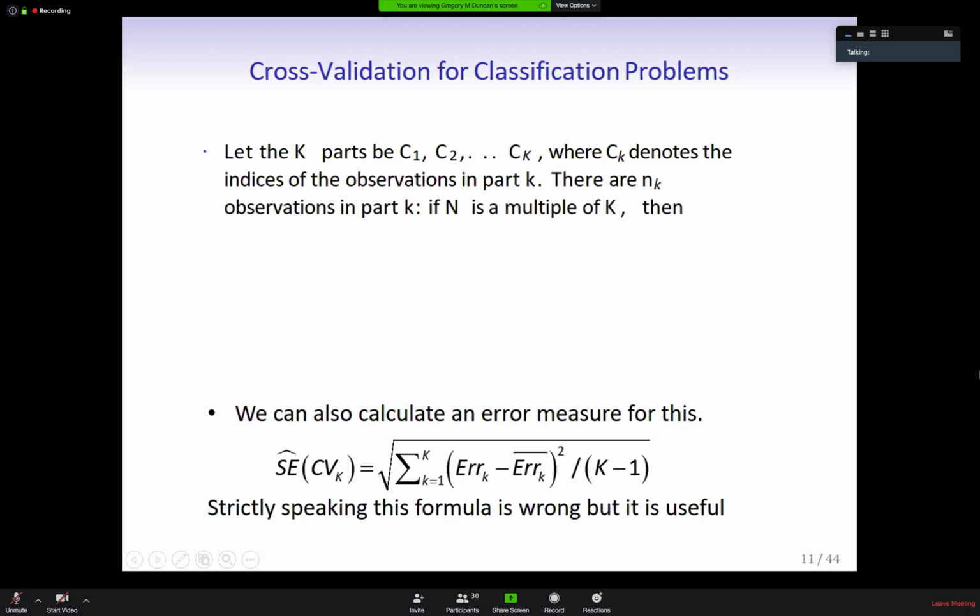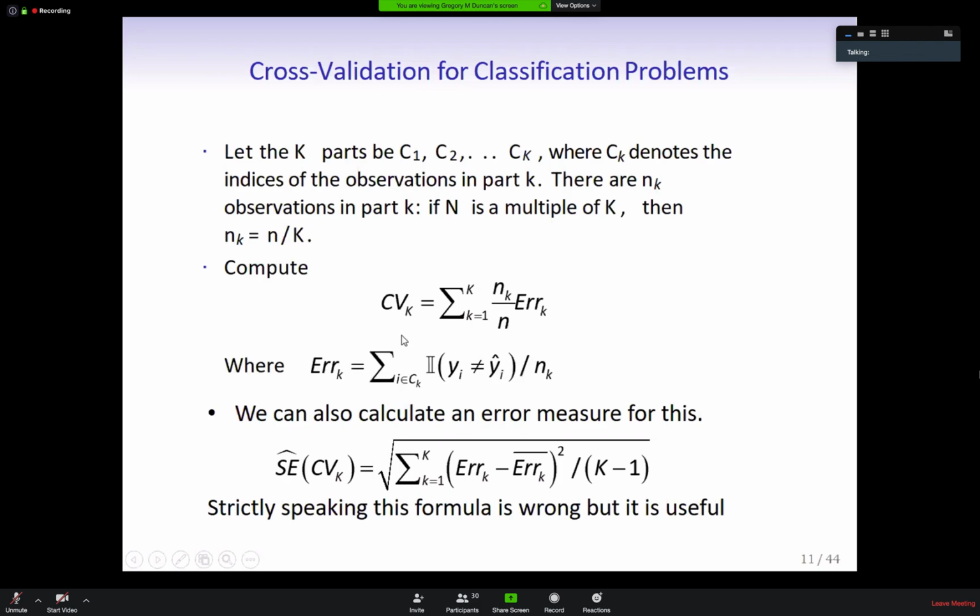Again, I have problems with the animation. So for classification, we do the same thing. We split the data into K parts. We compute the CV as the weighted average of the errors, where the errors are the misclassification rate.